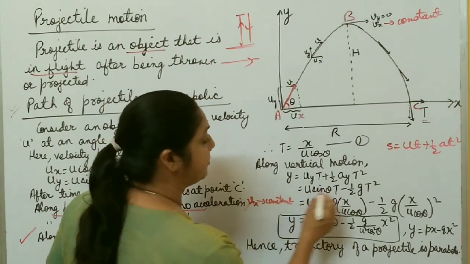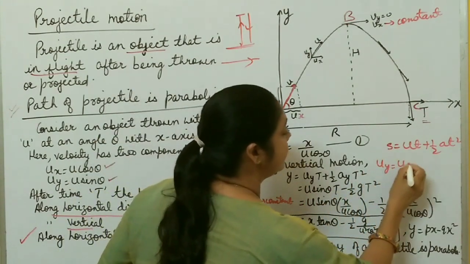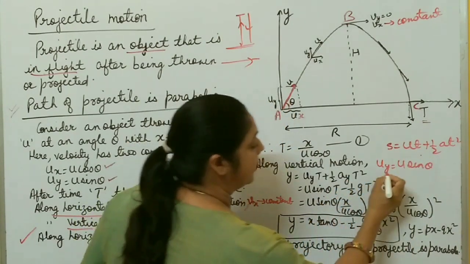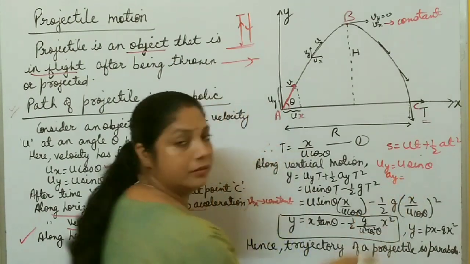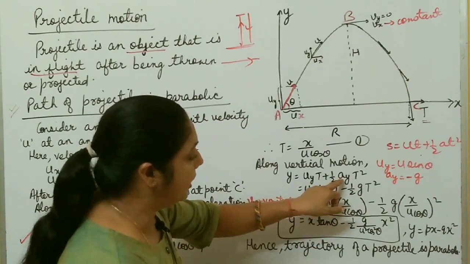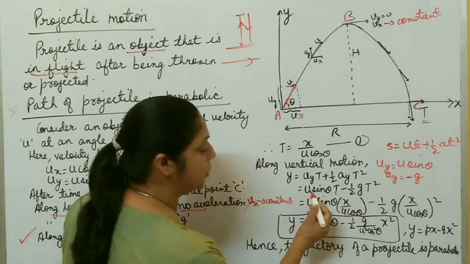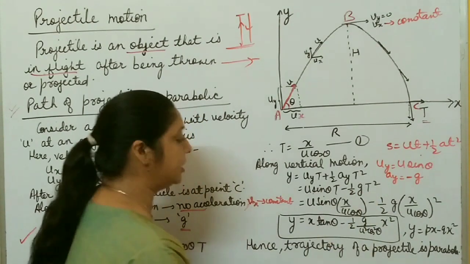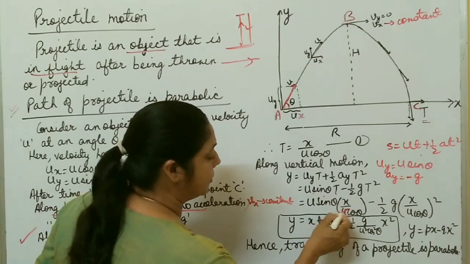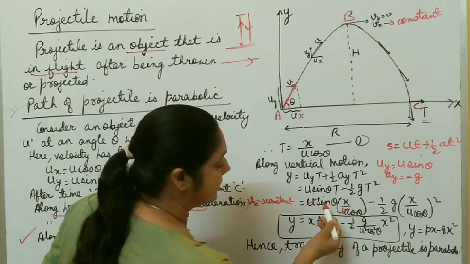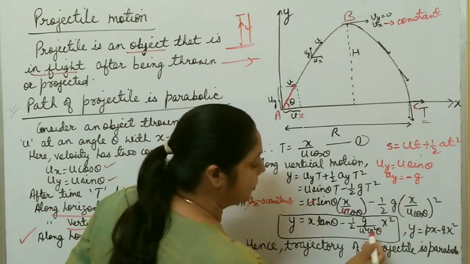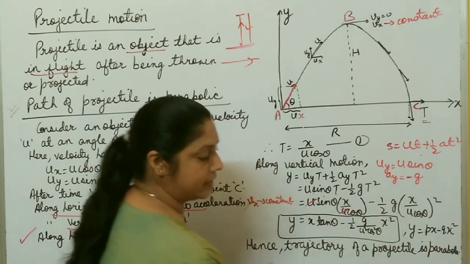Now uy is u sin theta, into t minus half g t square, because the body is thrown vertically upward against gravity, so ay is minus g. You put the value of t from equation 1. The u cancels, x sin theta by cos theta is tan theta, minus half g by u square cos square theta into x square.